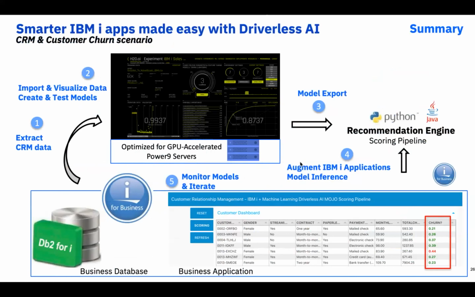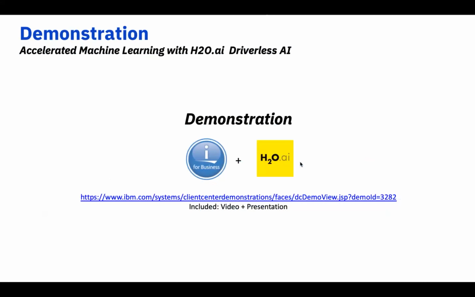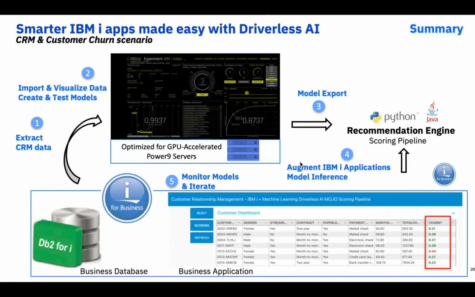You're ingesting that, and rather than manually trying to gain insights from it, one way you could do this is to take that data and pull it into something like Driverless AI, which happens to be running on the Power AC922 in this demo, which has got GPUs. You're not porting the data, we're actually getting it via JDBC directly from the database.